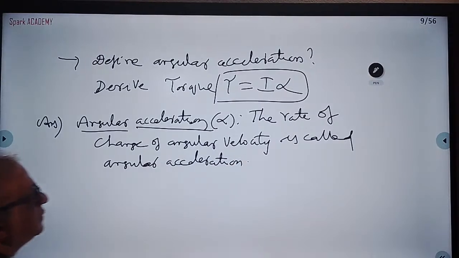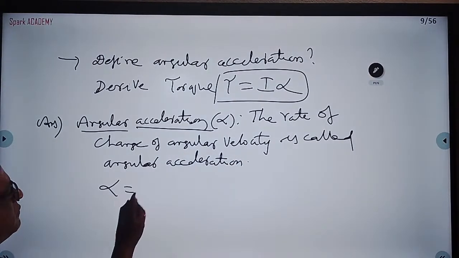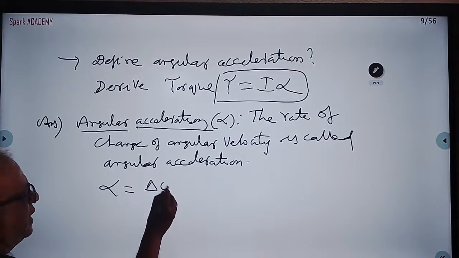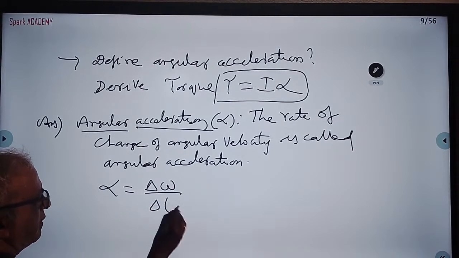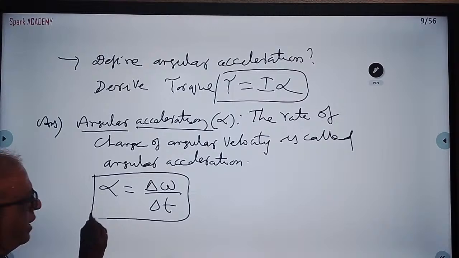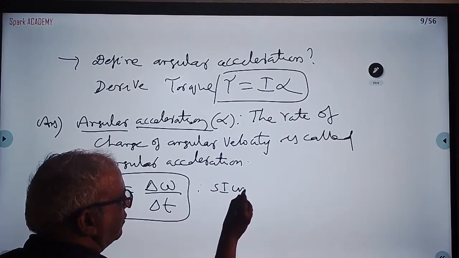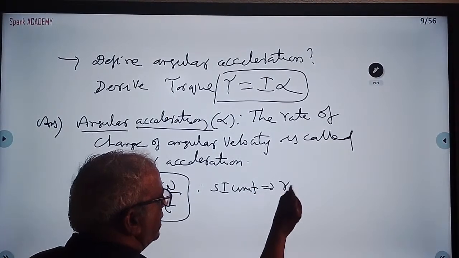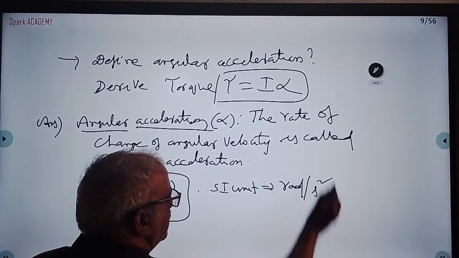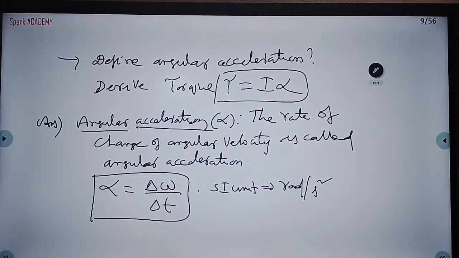Alpha formula is delta omega by delta t, that is omega 2 minus omega 1 by t. SI unit is radian by second square. Alpha is a vector also.